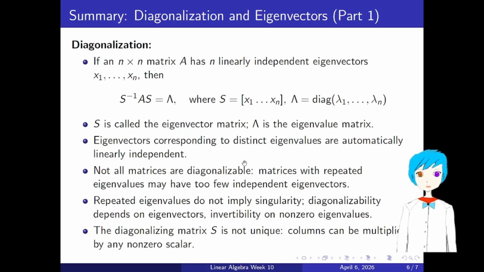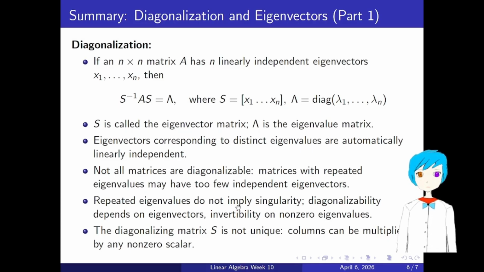Specifically, eigenvectors corresponding to distinct eigenvalues are automatically linearly independent. However, not all matrices are diagonalizable because for some repeated eigenvalues, there may not be sufficient eigenvectors in that eigenspace.